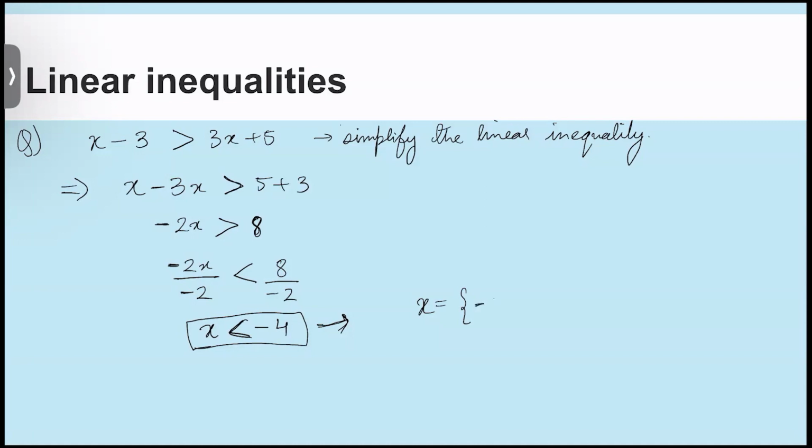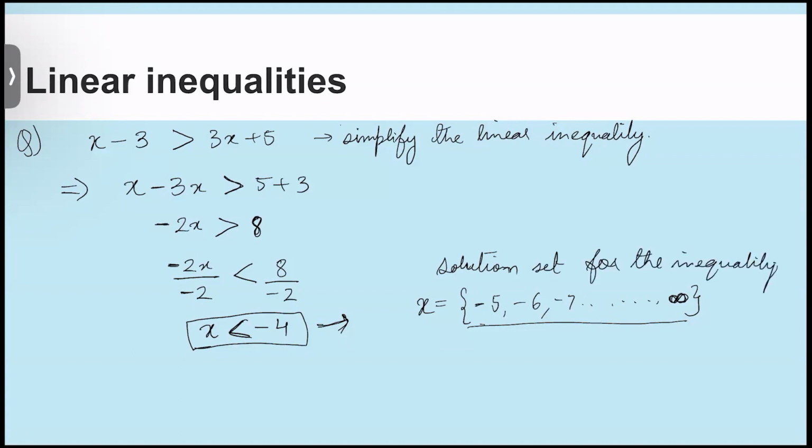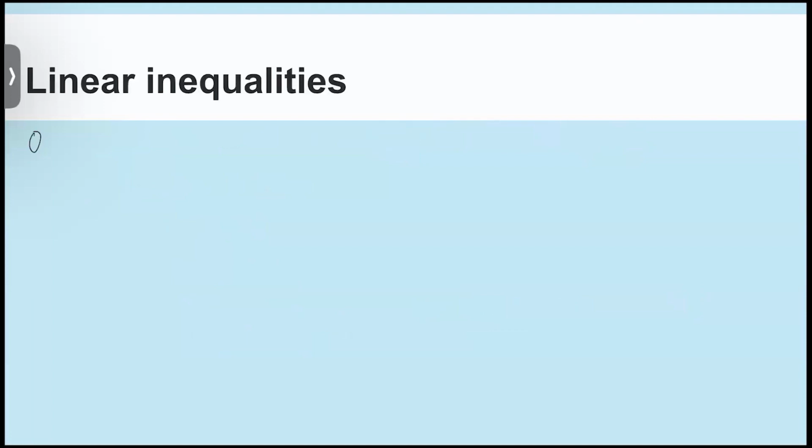So anything from, say, minus 5, minus 6, minus 7, all the way up to the last integer that we have. We can get the solution set in the form of this. Okay, so this is your solution set for the inequality.